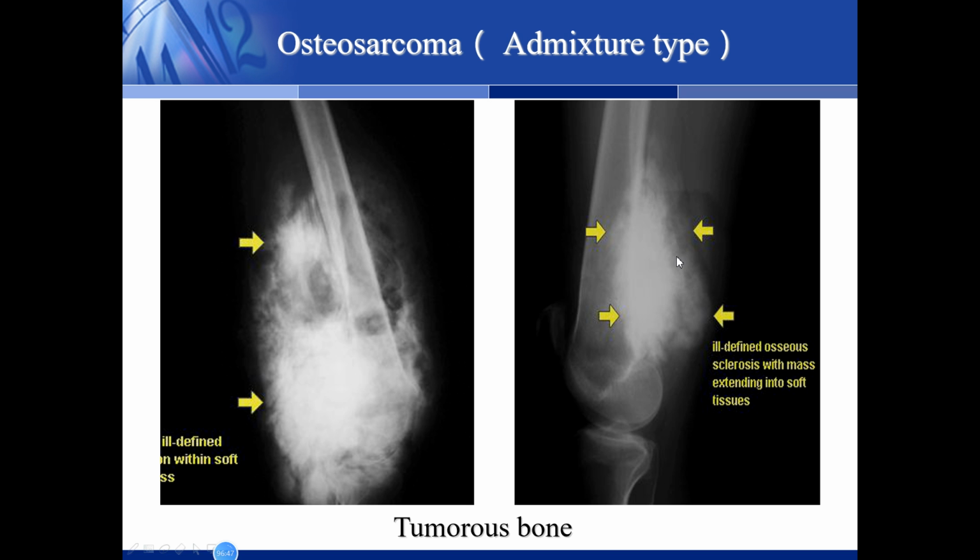Here's the tumor bone. And here we could find the destruction of bone. So this is the mixture type, with both destruction of bone and the tumor bone.